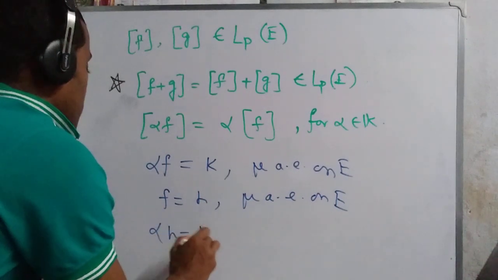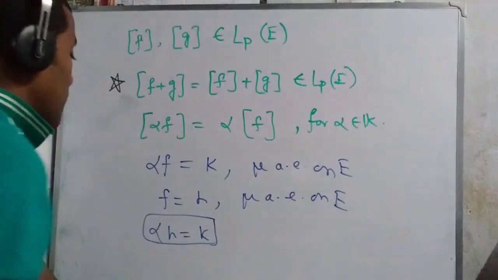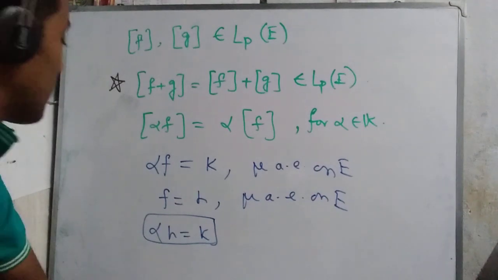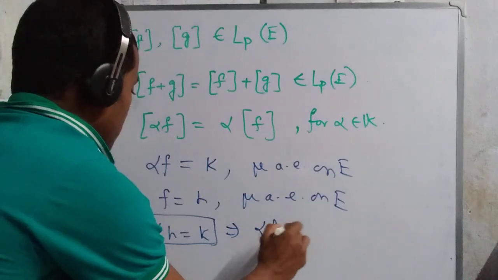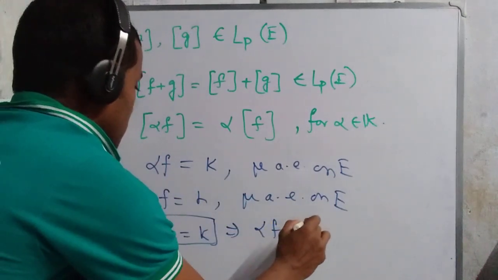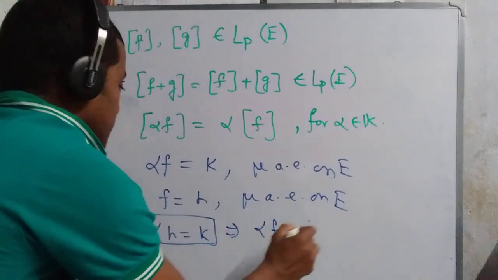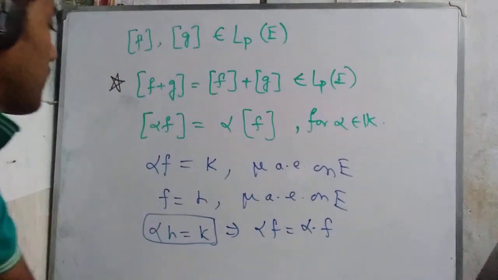Alpha f is equal to k. Okay, and obviously this implies that alpha f equal to alpha dot f.